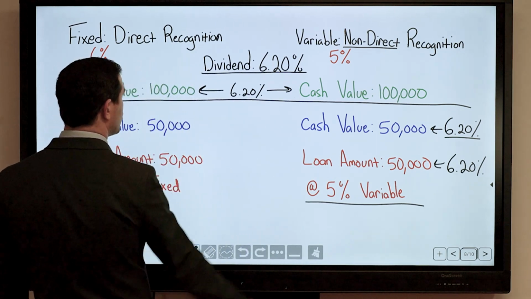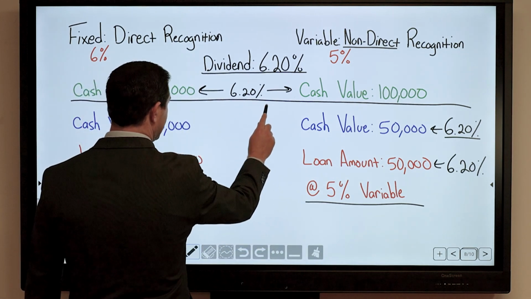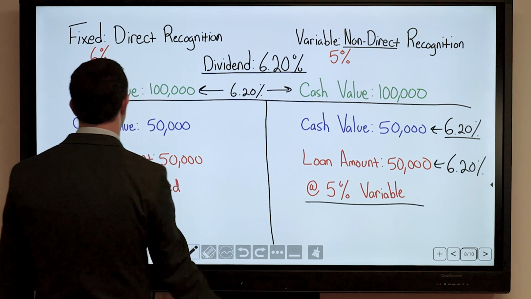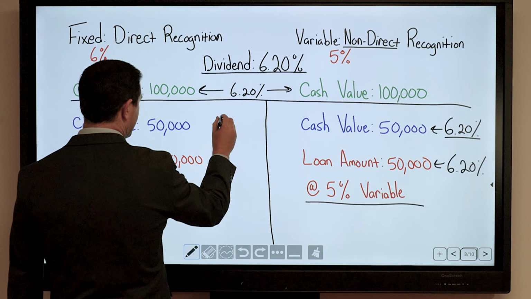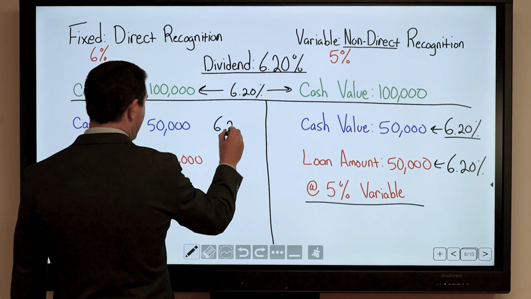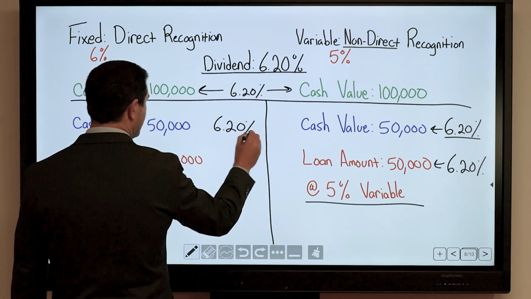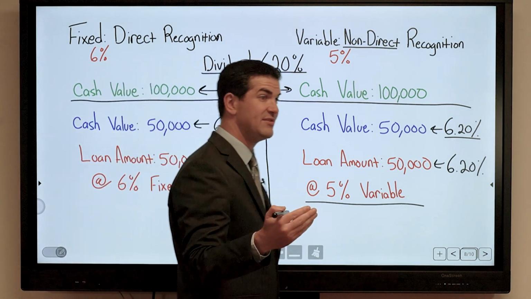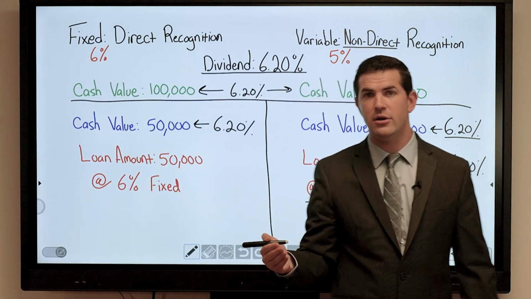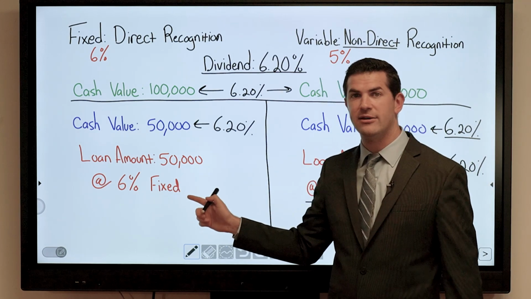Now, with a direct recognition company, here's how this works. Exact same dividend rate of 6.2%. I borrow out half of my cash value. The money still remaining in cash value receives a dividend of 6.2%. The unborrowed portion is not impacted at all.